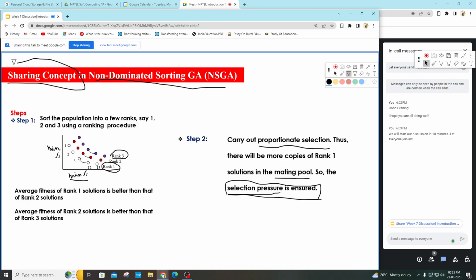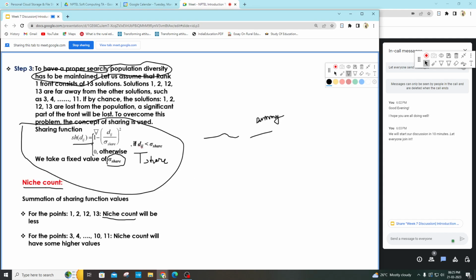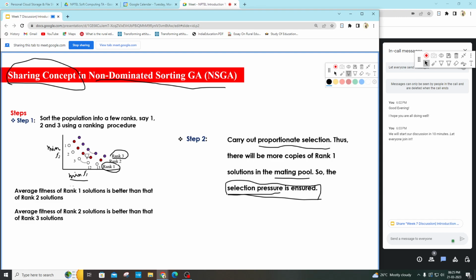So we take the help of the sharing function. What is the sharing function? The sharing function basically tells you how much any point is surrounded by neighbors.